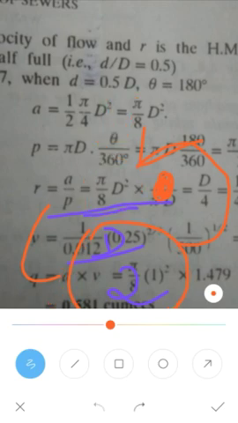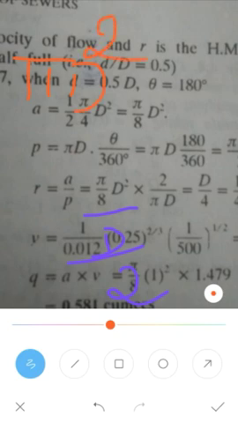So this can be written as pi d square divided by 8, and the denominator D by 2 will become 2 by D. That will be reversed, that's all. All of that you studied in primary school only. Now you keep on cancelling.